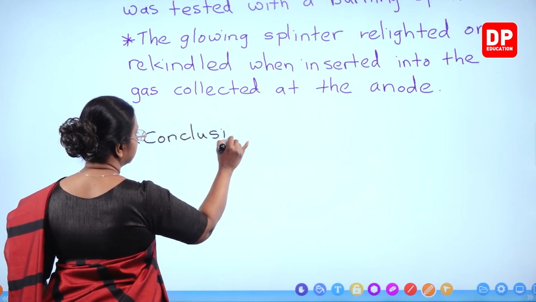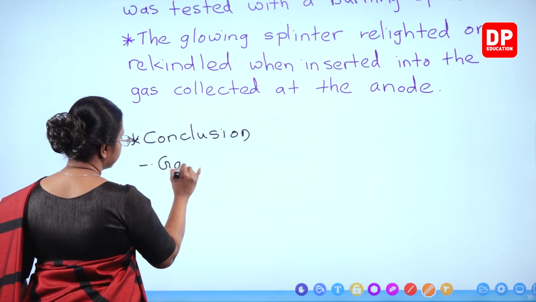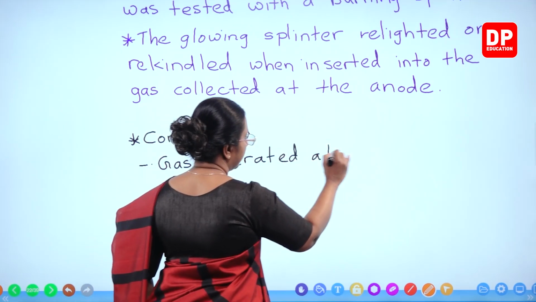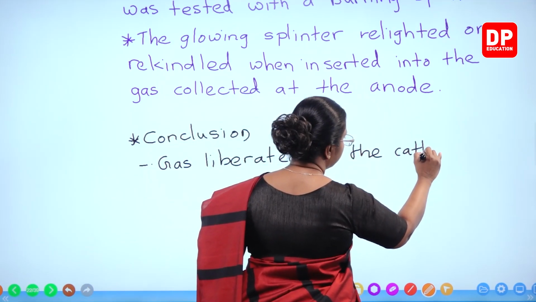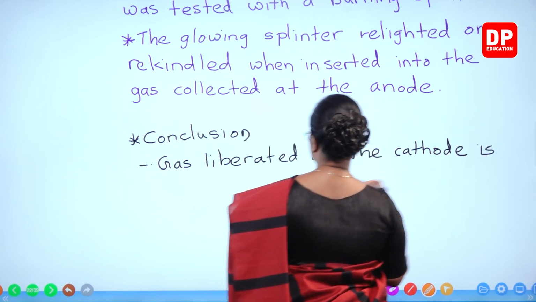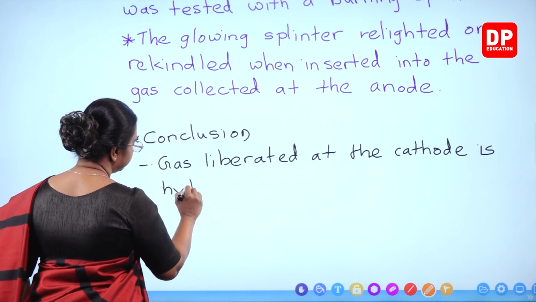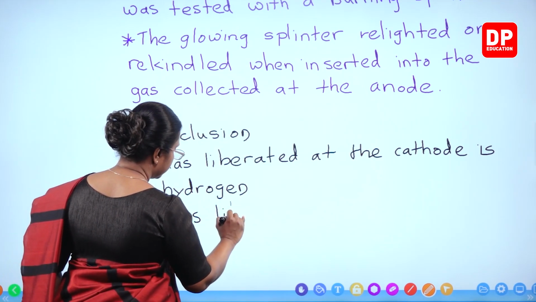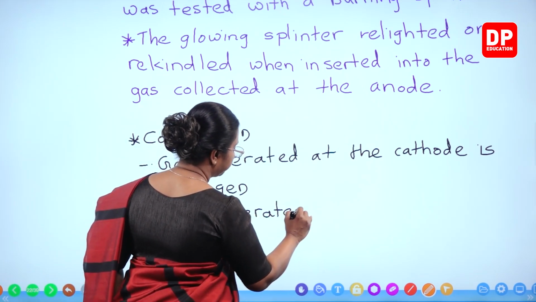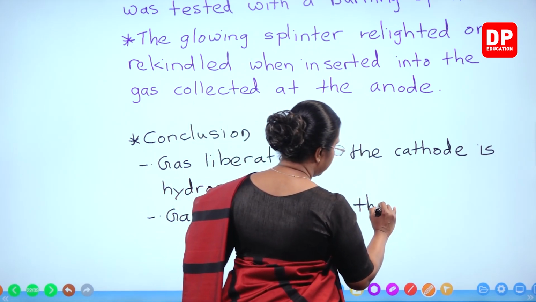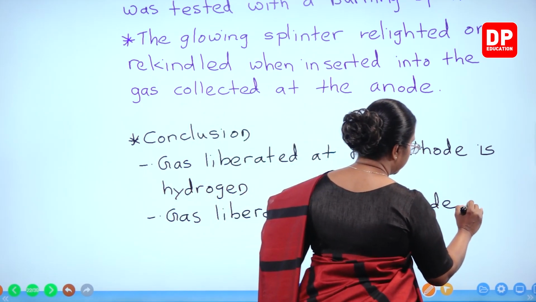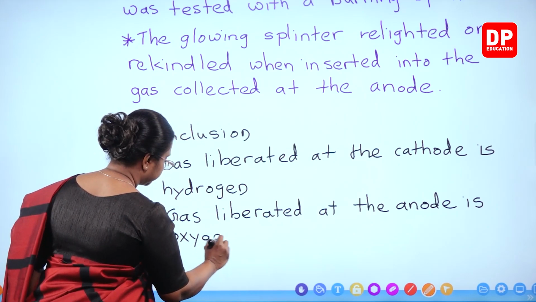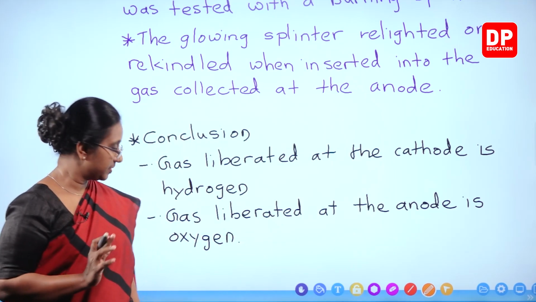Conclusion: gas liberated at the cathode is hydrogen and gas liberated at the anode is oxygen. So that is the observation and conclusion.